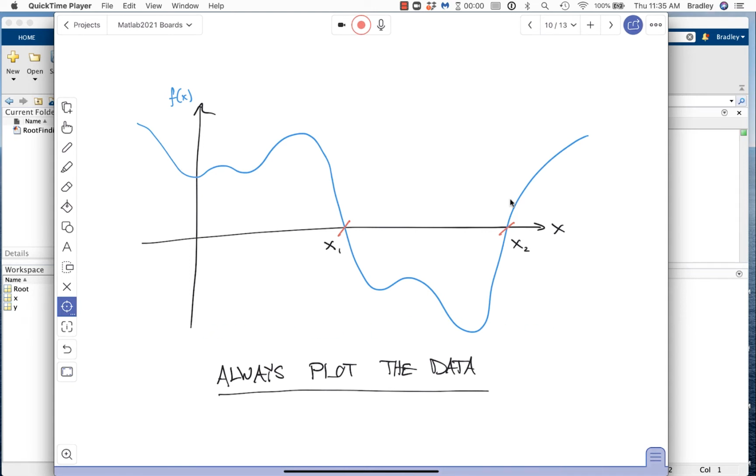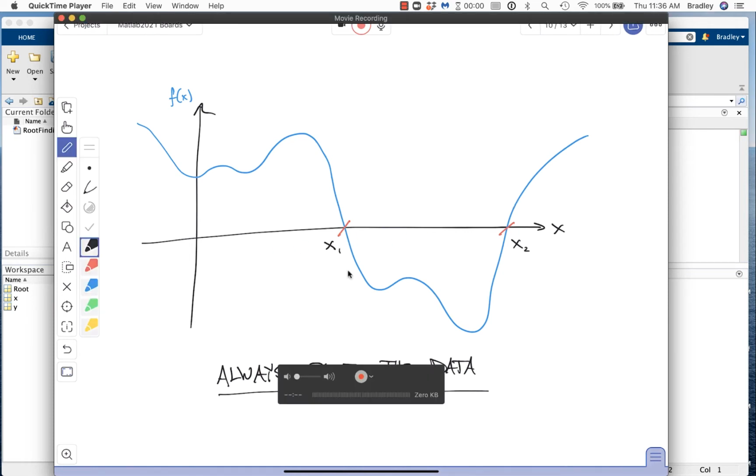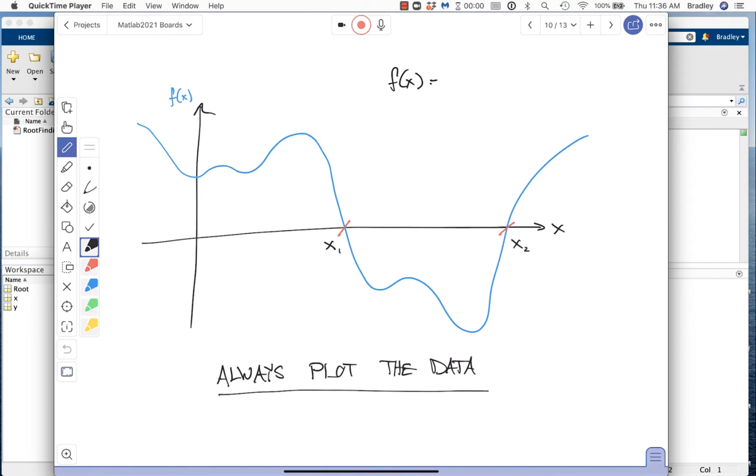And so given this, the most simple way that we can think about finding roots is going to be graphing it and then zooming in on a particular part and visually inspecting to find out where this x1 lies on the x-axis.